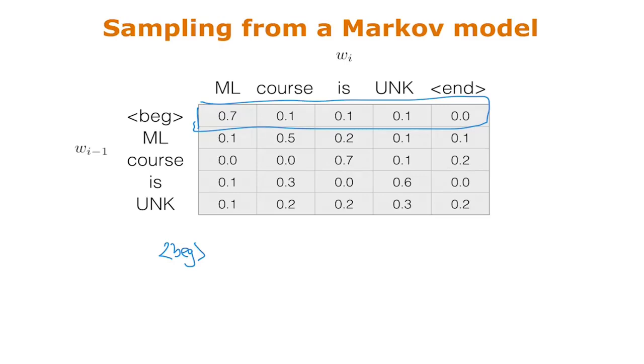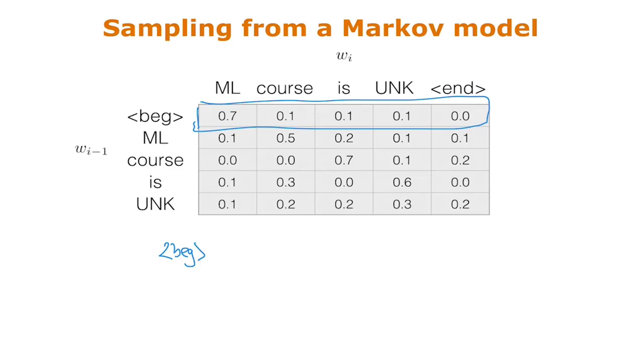To sample from it, we throw a weighted 5-way die, weighted heavily towards ML, a little bit less for course and is, and the end symbol has probability 0, so the sentence cannot end at the very first symbol.